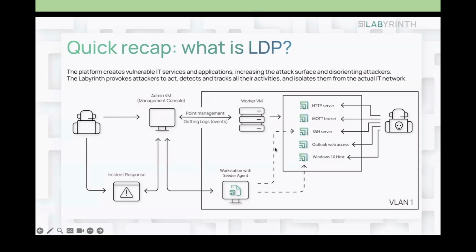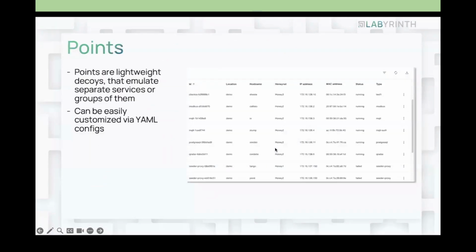Okay, so as I said earlier, the core and basis of the solution is decoys. In Labyrinth, we call them points. Those are lightweight instances that serve as decoy services within the network.